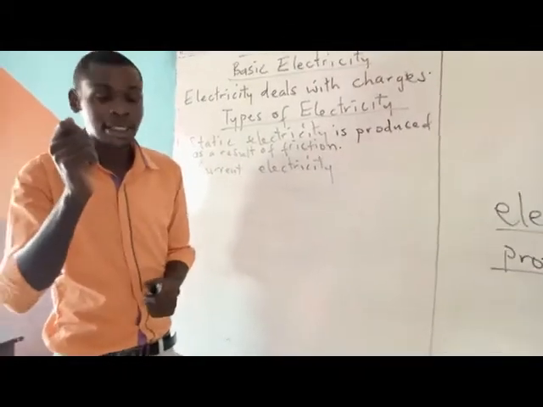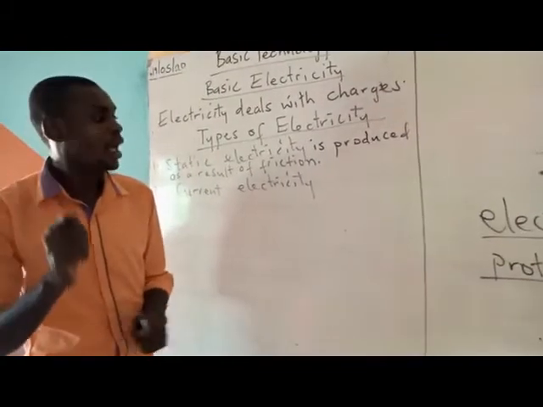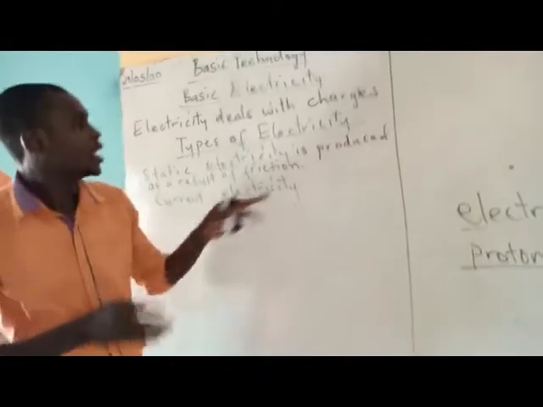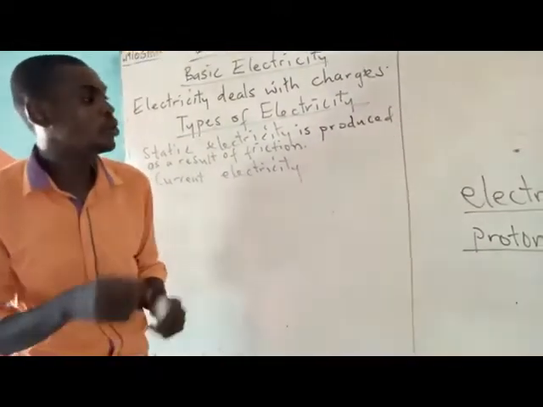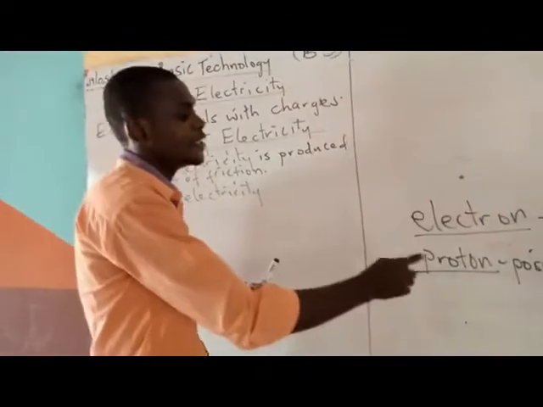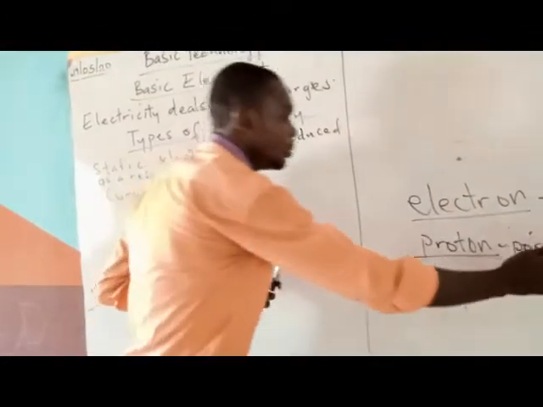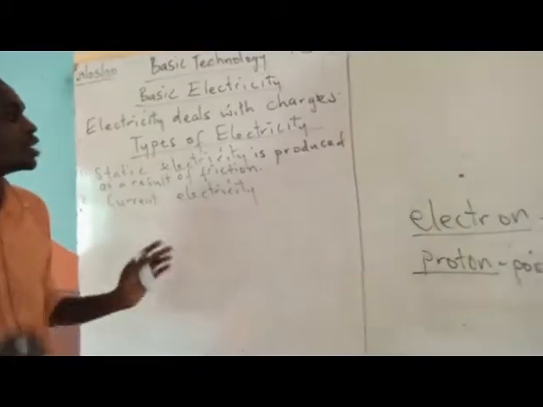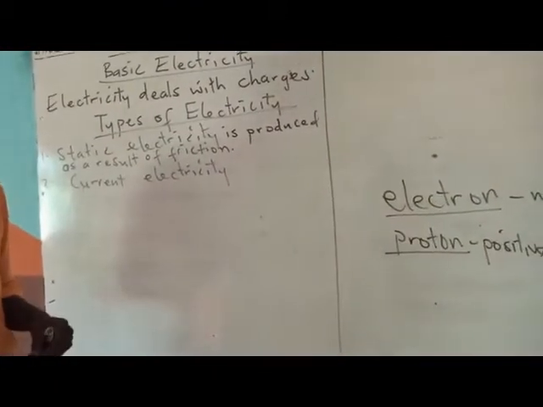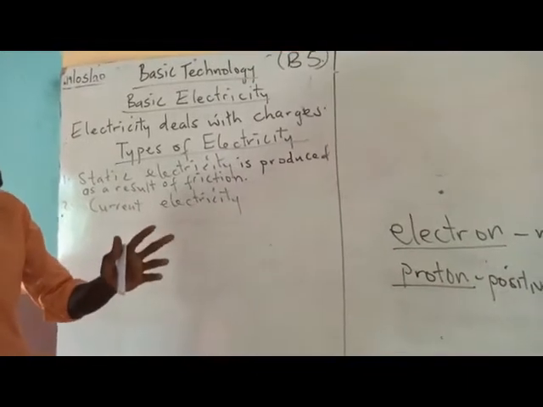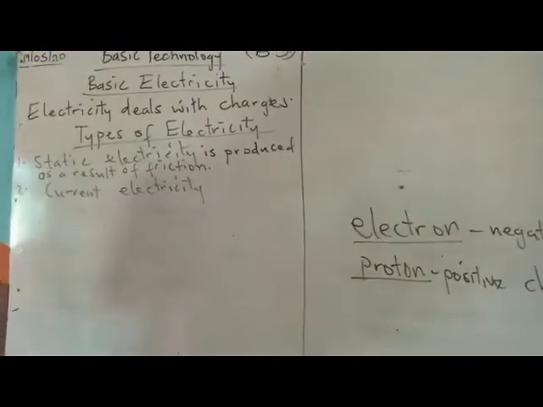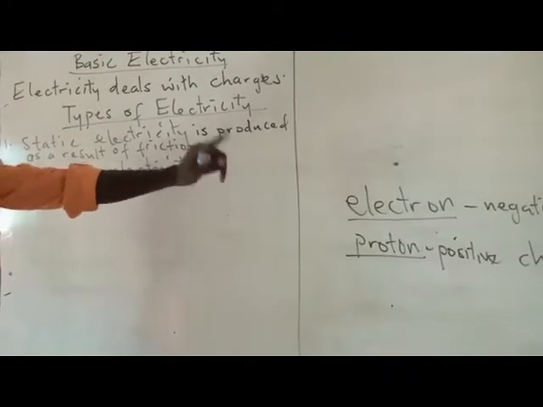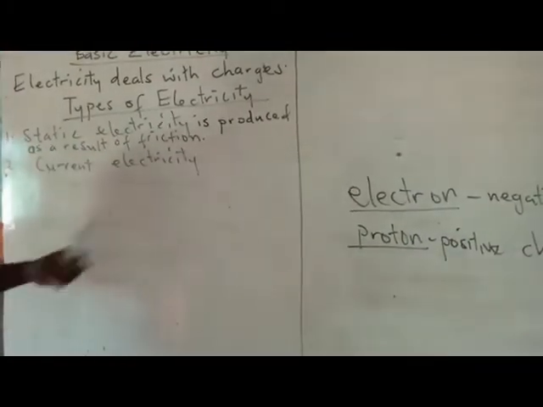There's charge on that pen, and there's a charge on that paper that makes them come together. Generally, in electricity, this is the simple rule: different charges attract. That is, positive and negative charges will attract. That's the simple rule in electricity. So for that paper and that biro cover to attract, it simply means there was a negative and a positive charge on each of them.